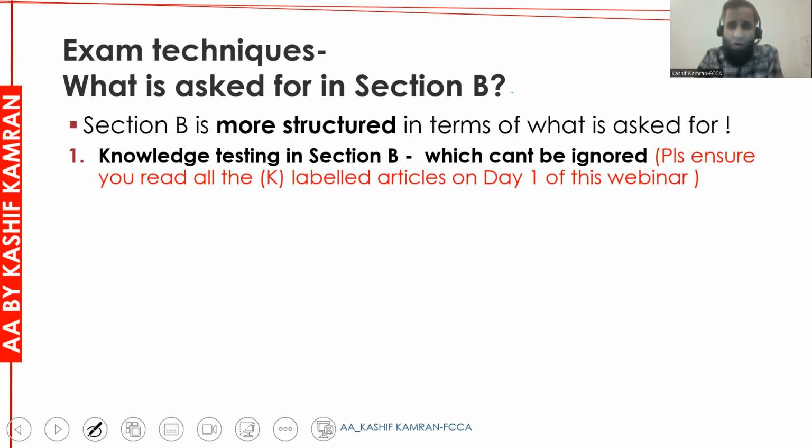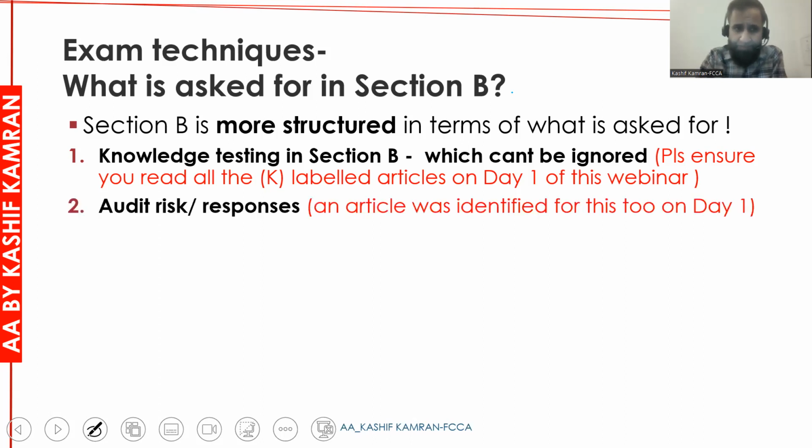I have done a scan of 6 recent papers and the mock exam, so 7 papers, to identify what sort of knowledge comes in the past papers, and you will be amazed. There is so much repetition in just the 7 papers I have scanned for this webinar, out of the total 10 papers: 6 recent exams and 1 mock exam. And I'll just show you a list of the knowledge.